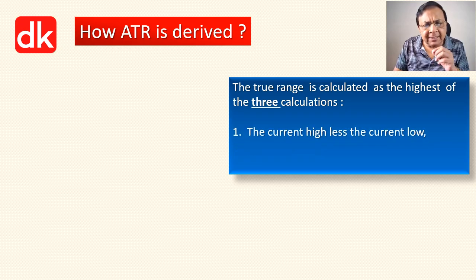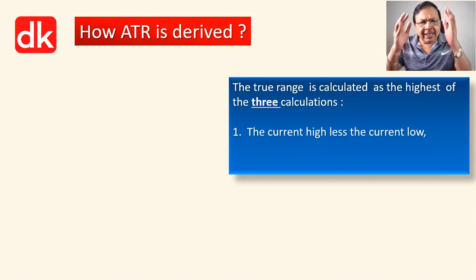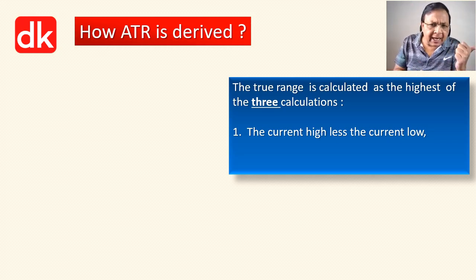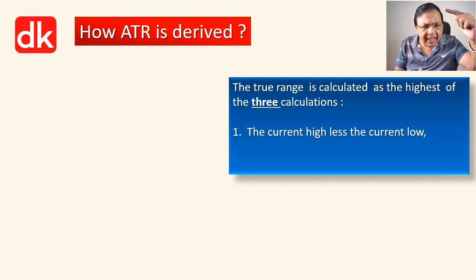The first is the difference between the high of the current candle and the low of the prior candle.